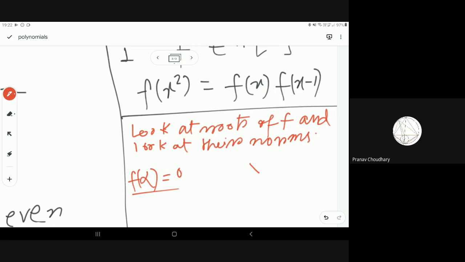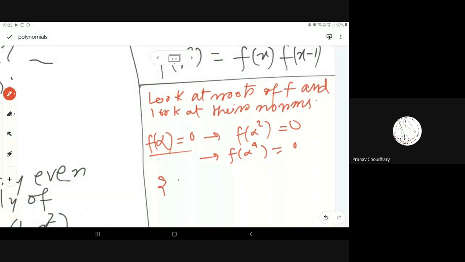Then immediately note that if you plug in x equals alpha, you get f of alpha squared equals 0, and if you plug x equals alpha squared, you get f of alpha to the 4 equals 0. So you get alpha squared, alpha to the 4, alpha to the 8, and so on, alpha to the 2 to the n is always a zero of f.